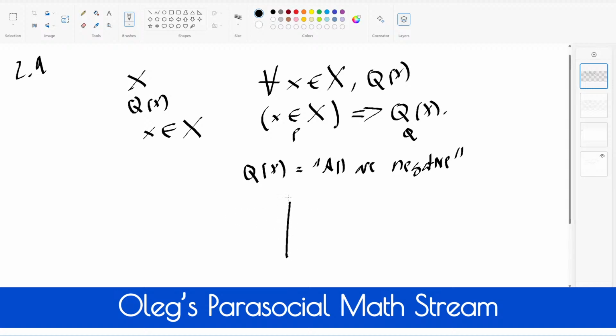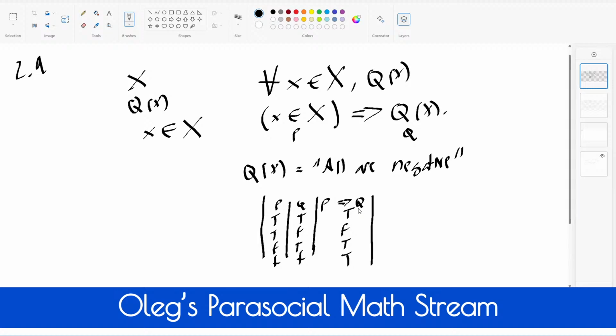So if we were to draw our P, Q, and P implies Q, we're going to go true, true, false, false, true, false, true, false, true, true, false, true.